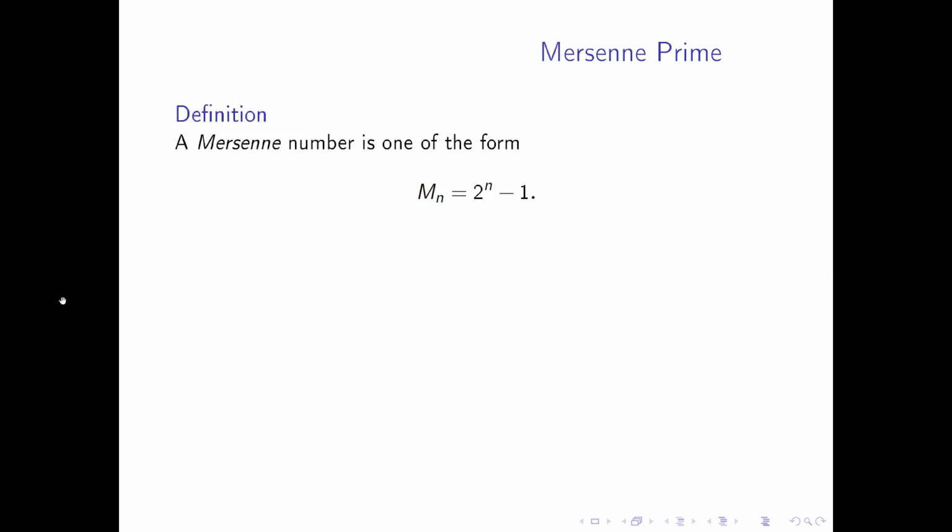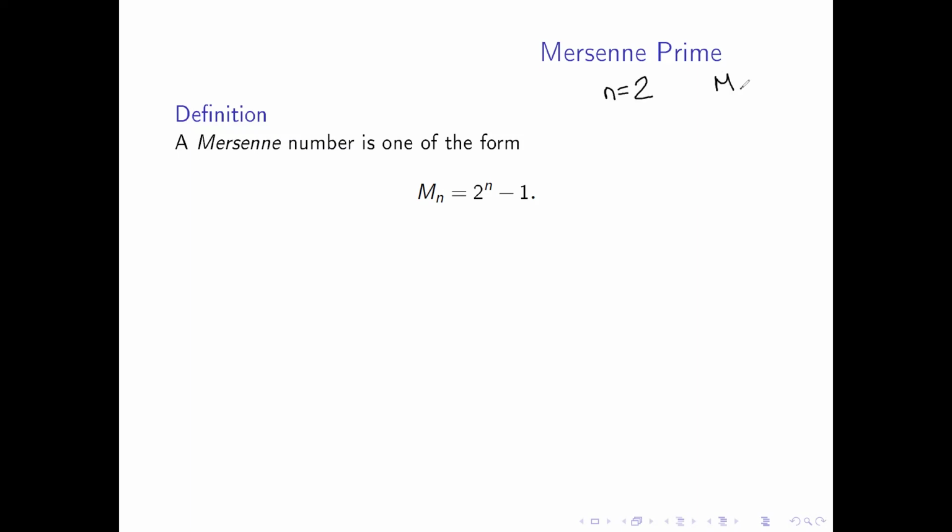Another classic test involves something called Mersenne numbers. A Mersenne number is a number of the form 2 to the n minus 1. So just so you can visualize this, let's start where n equals 2.